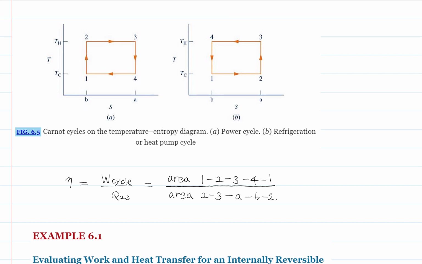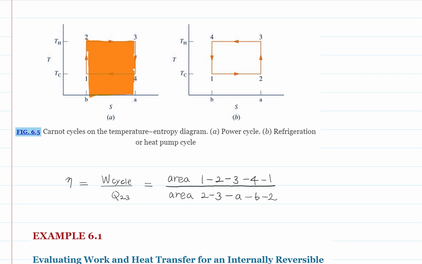So the efficiency of a Carnot power cycle is W cycle divided by Q23. So W cycle is this area, and Q23 is this.